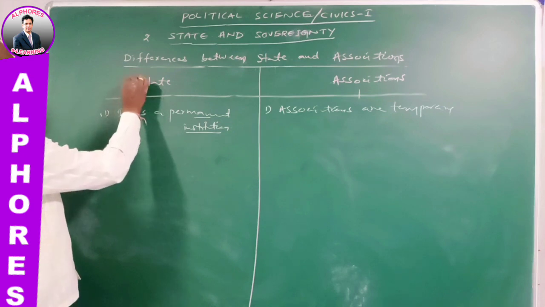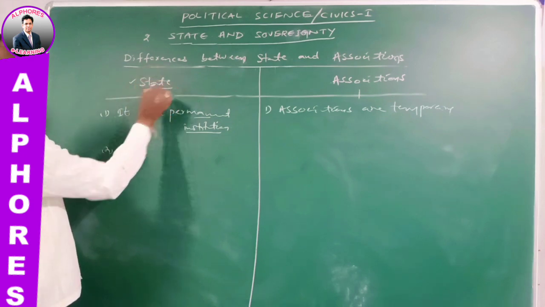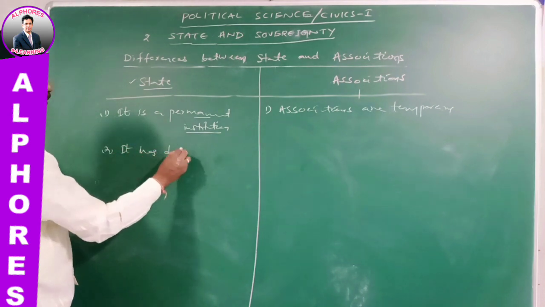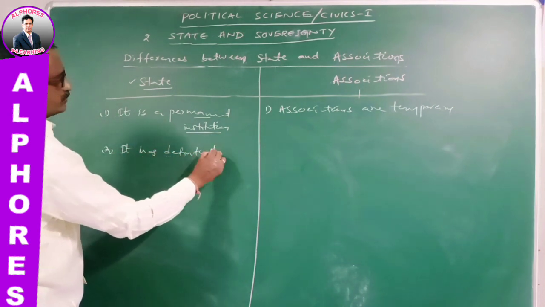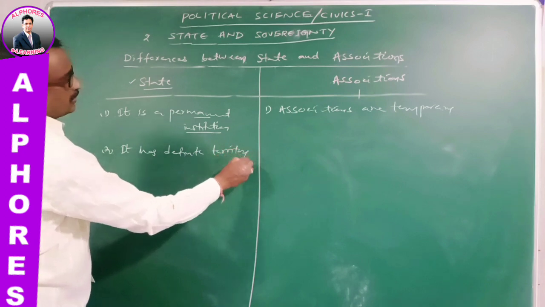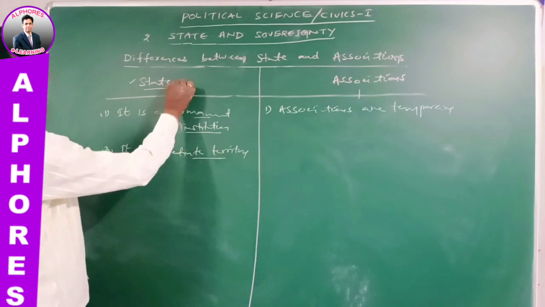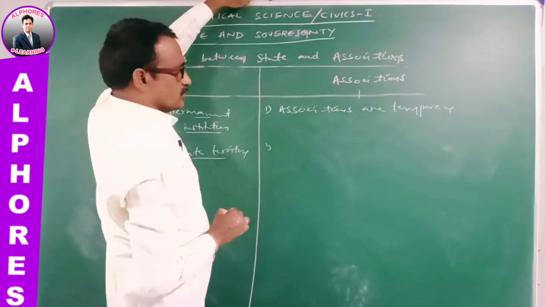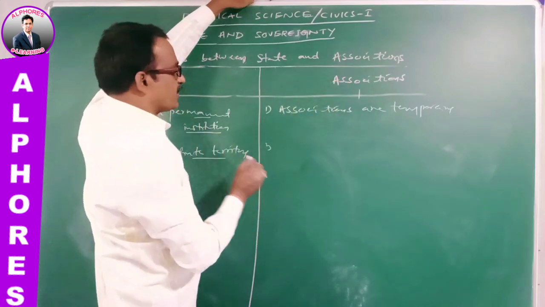Next, it has definite territory. So without territory there is no state, whereas societies do not have such type of definite territory.